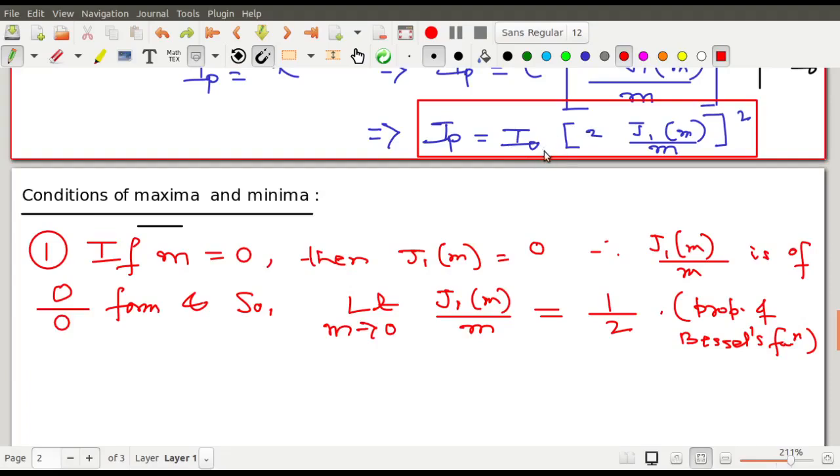I said that if you take the 4 inside that c square and take it to be I0, the maximum intensity is always I0. So something I did in the double slit class, just remember it. So the maximum intensity will come out to be I0. So under this case, IP equals I0.